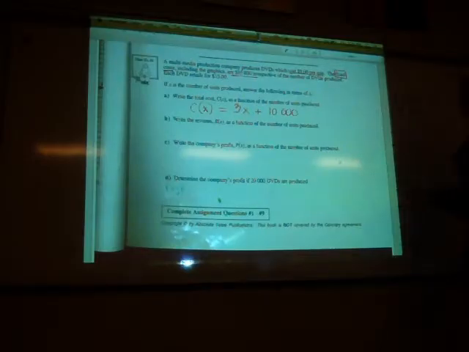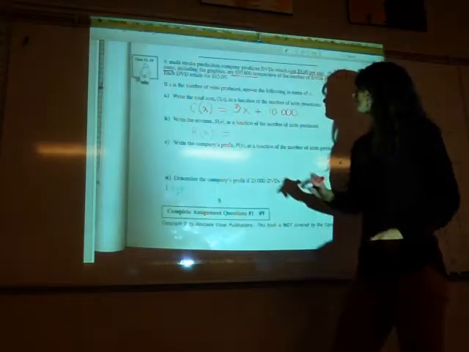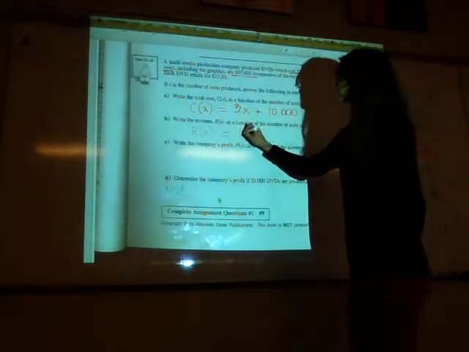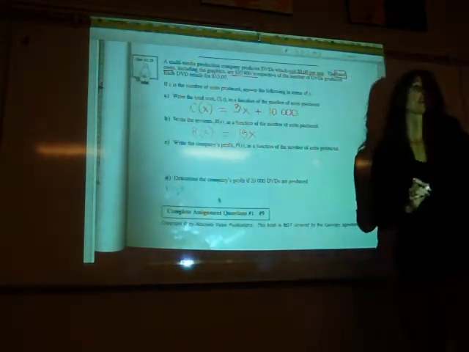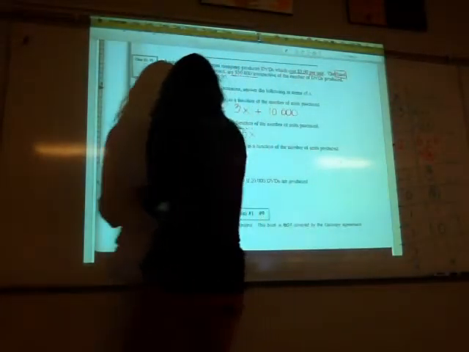Now let's take a look at our revenue, R of X. How are we going to figure out that? It's $15 times the number of units that you sell, DVDs. So if we want to figure out the profit, what's going to be the formula using our cost and revenue?